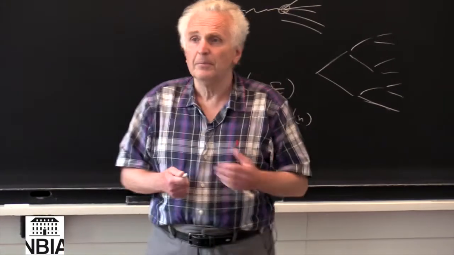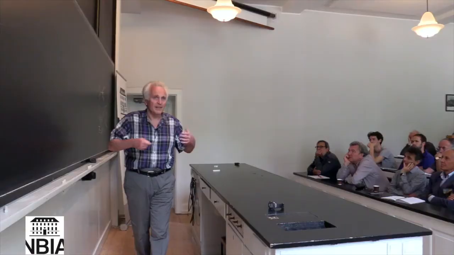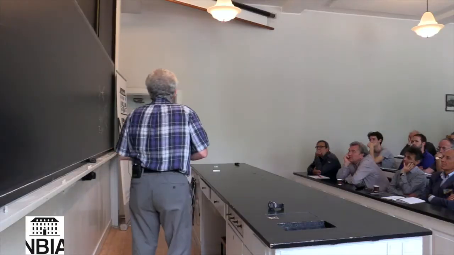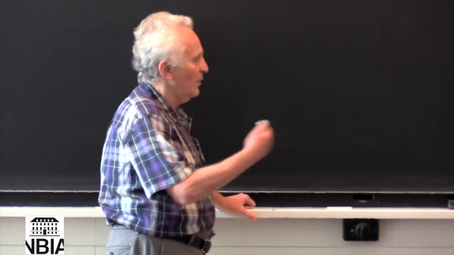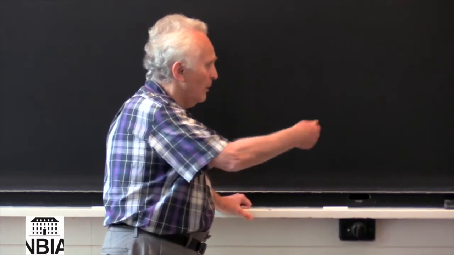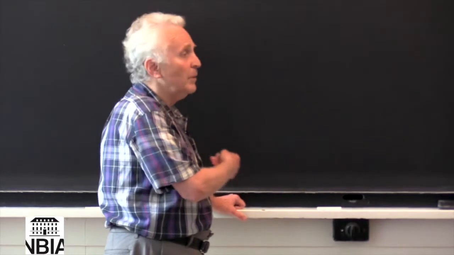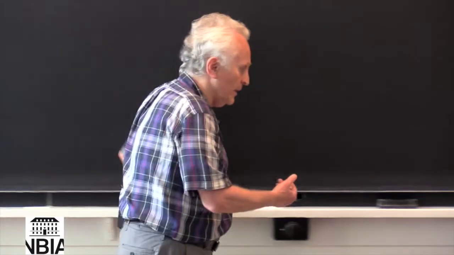In the theory of turbulence, the problem is twice as hard, because not only we don't know how to calculate expectation values, we don't know what the probability distribution is.